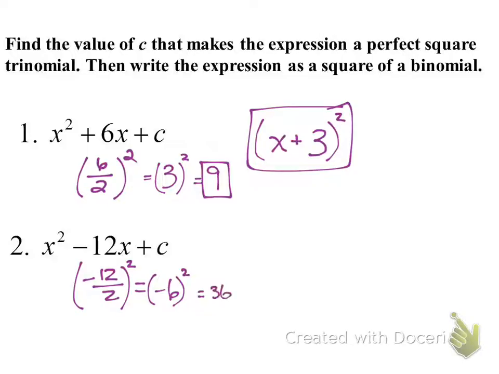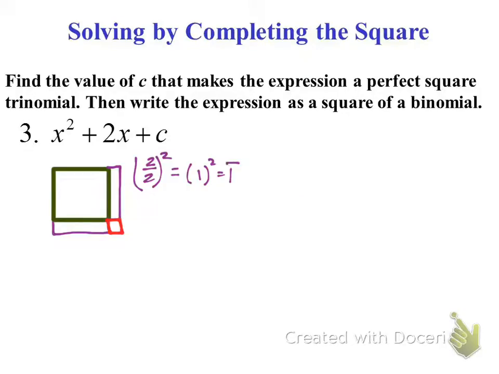We get a positive 36, but then that perfect binomial square, the sides would be x minus 6. And then this is a perfect x plus 1 square.